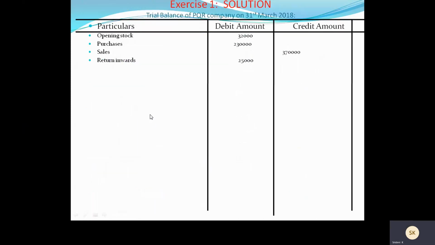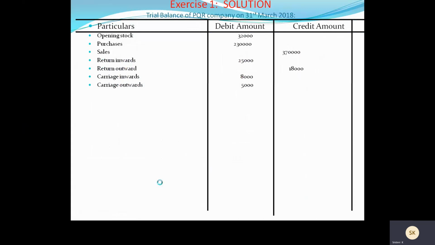Return inwards, return outwards correctly given. Sorry, return outwards, 18,000, that was related to the credit amount column. And the carriage inwards, it is related to 8,000, that is debit amount. Carriage outwards, we have rectified, which was given in the credit column. In the debit column, we brought it back.